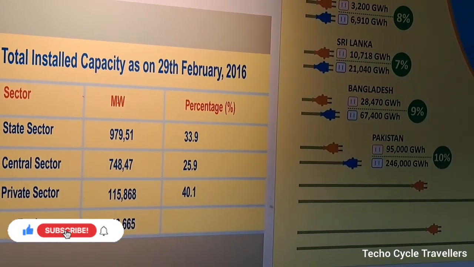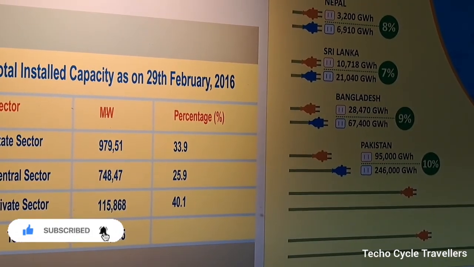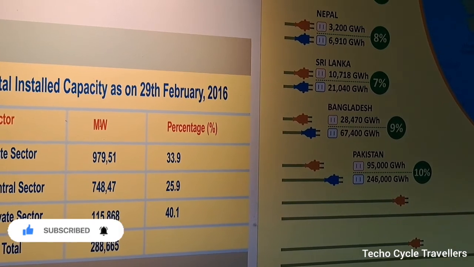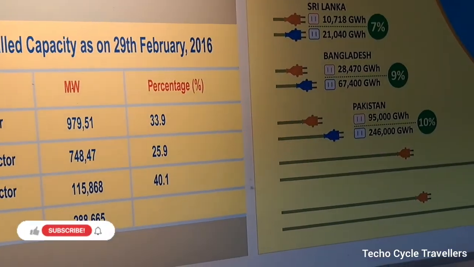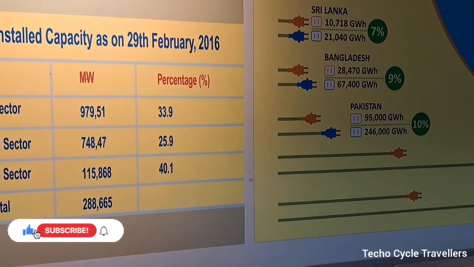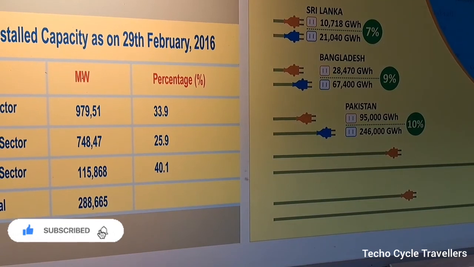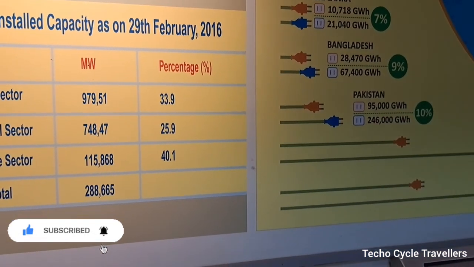Sector: state sector, 97,951 megawatts, 33.3%. Central sector, 74,847 megawatts, 25.9%.